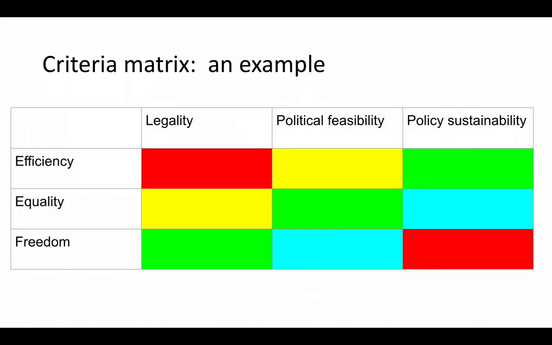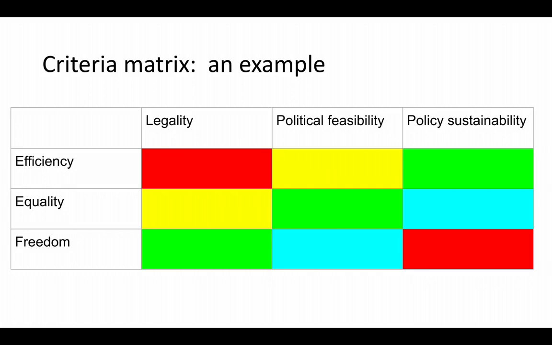All right, finally, let's talk about something called criteria metrics. This is just to give you an example. This is not a fully inclusive one, right? So here my example lists three different evaluative criteria and three different practical criteria, and then puts them together.